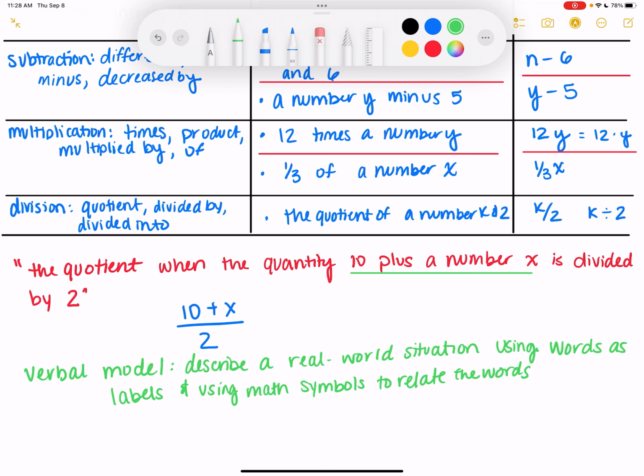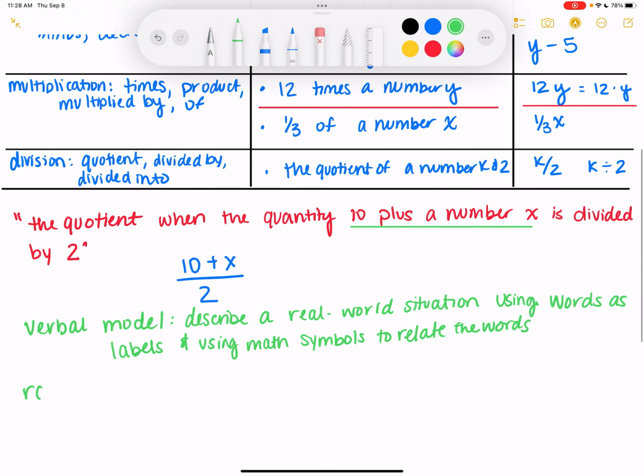So one other thing that they cover in this section are rates. And so a rate is a fraction that compares 2 quantities measured in different units.